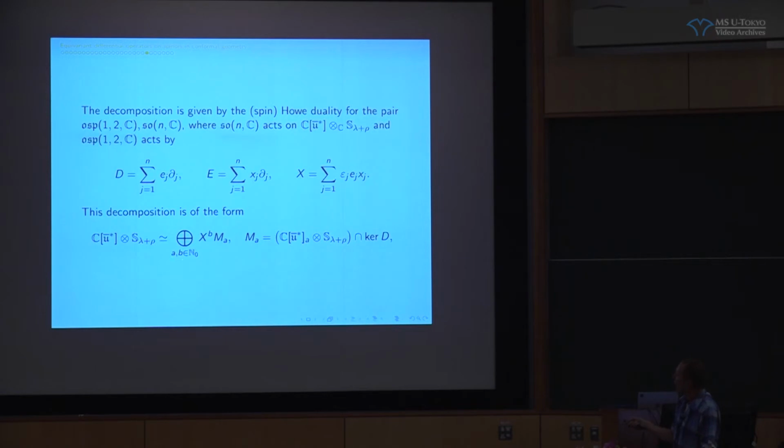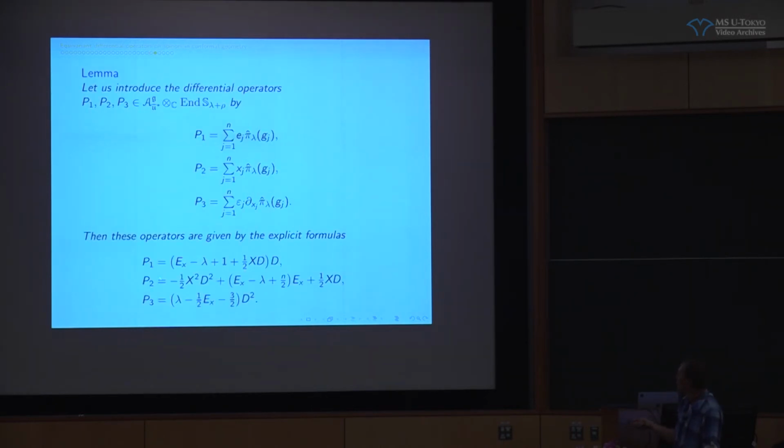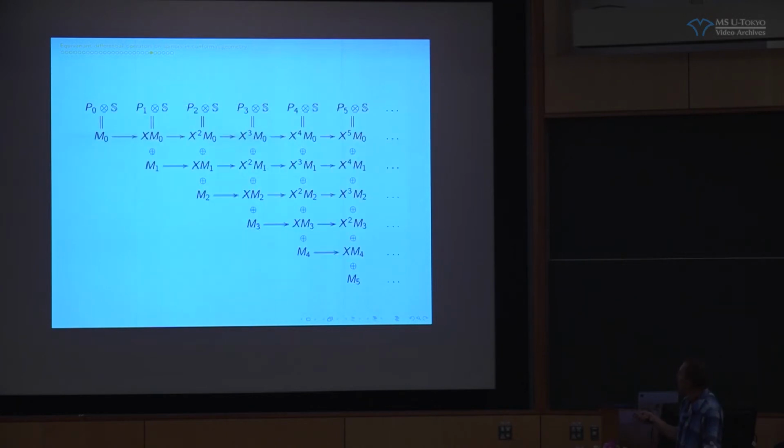So a, b are two natural numbers including 0. Now we see that everything is expressed in terms of D, X, and E, both the domain on which we act and the corresponding three operators P1, P2, and P3. By the way, this is the scheme of the decomposition.